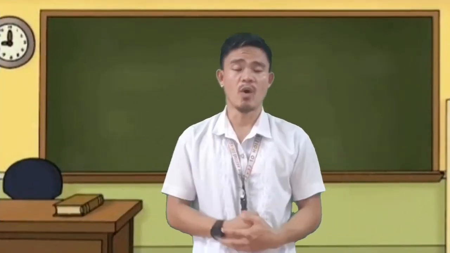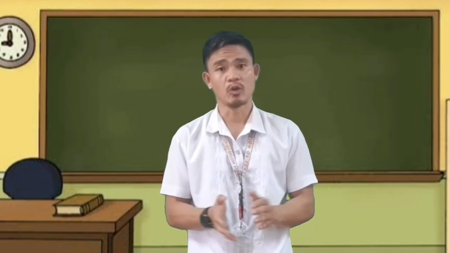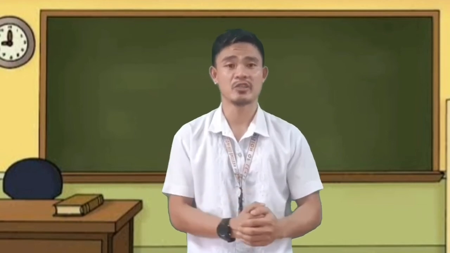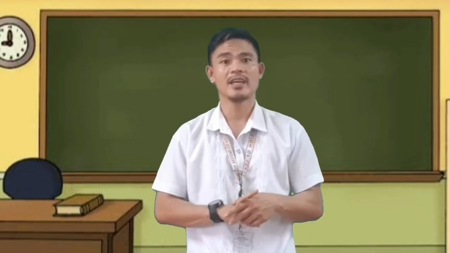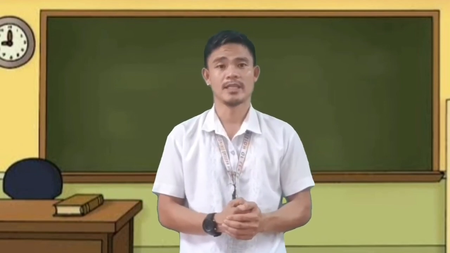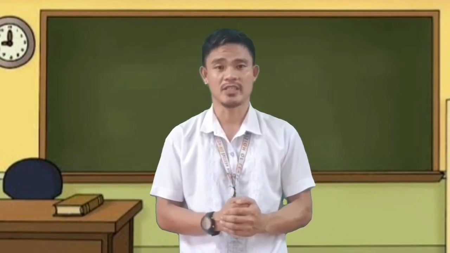Now this time, I want you to get another clean piece of paper and a ball pen. And of course, you should always follow the standards in answering the activity. Write legibly, do it neatly, and no erasures as much as possible. Let's begin answering this activity.